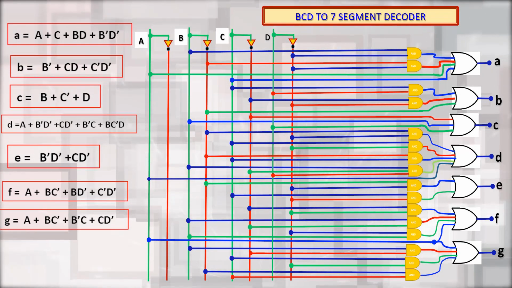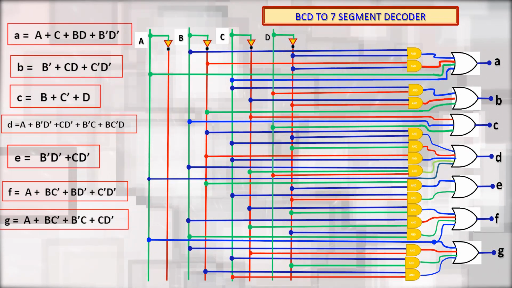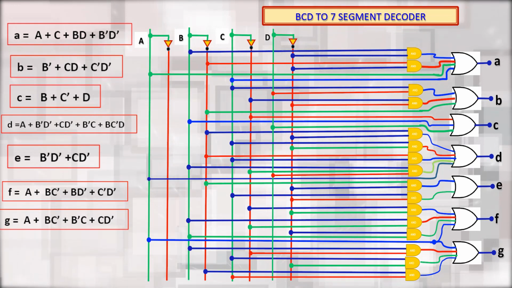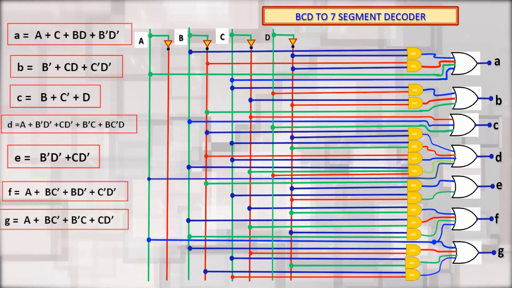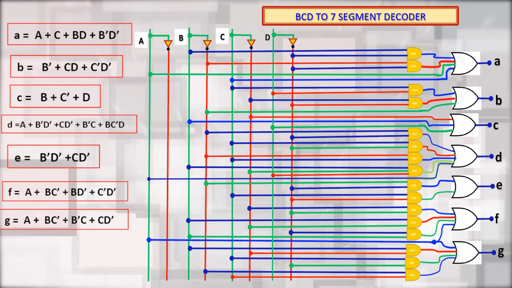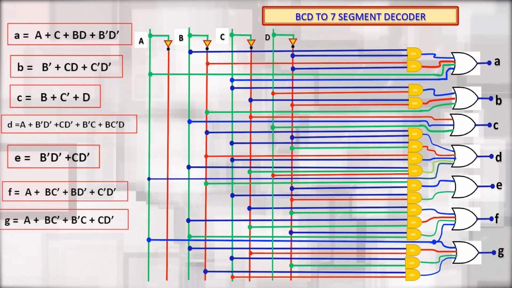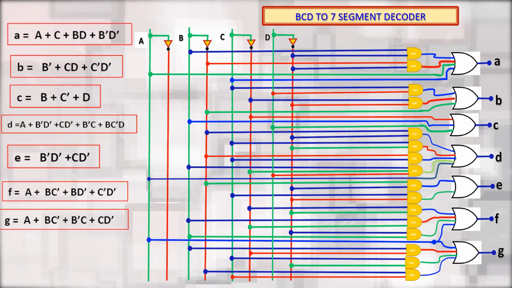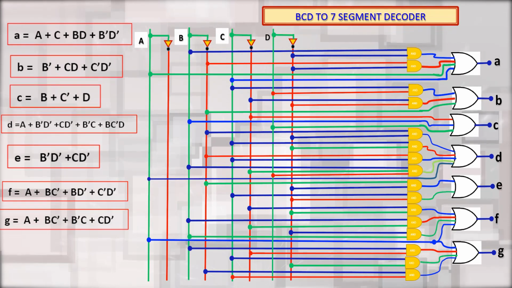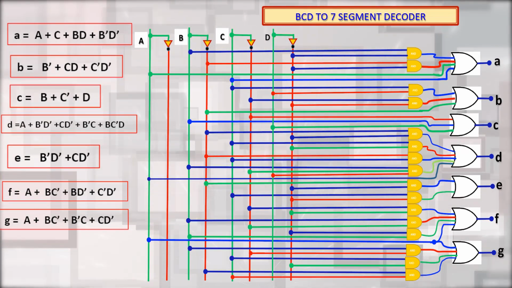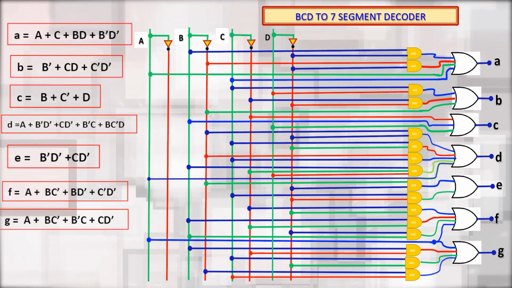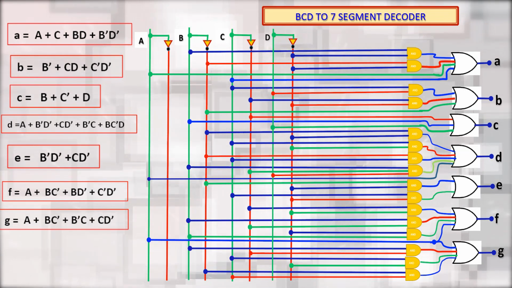Then we will be having inputs B bar and C. So, this B bar and C is first connected to the AND gate and the output of this AND gate is connected to the OR gate. So, to realize the segment G, we will be needing a 4 input OR gate and to this 4 input OR gate we will be connecting A directly, then B C bar through AND gate, C D bar through AND gate, B bar C through AND gate.